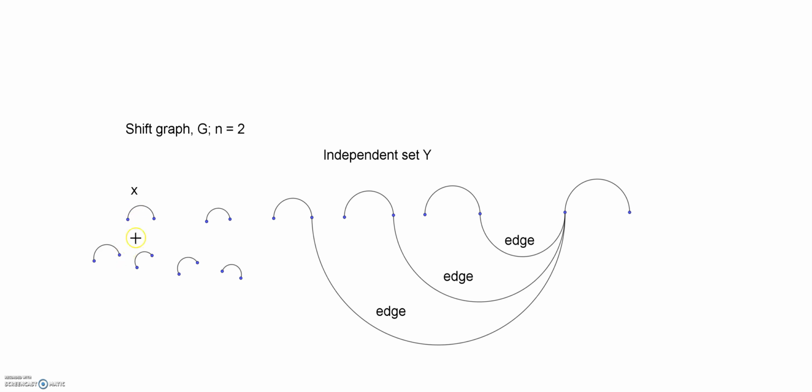And that additional edge would then be, in terms of shift graphs, another vertex. And so we get into this conundrum of trying to connect these vertices with edges, and those edges then being vertices.